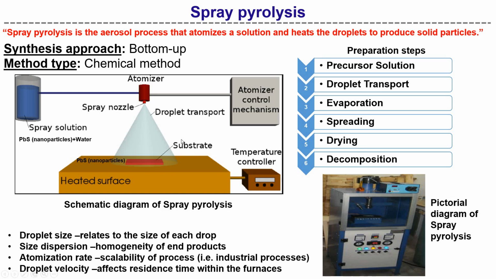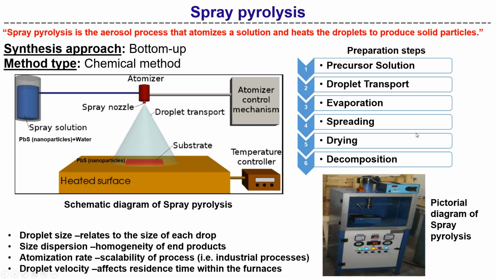So this substrate can be of glass, plastic, or other materials, where we are going to deposit this PBS nanoparticle. So one layer of PBS nanoparticle will be created after depositing this.